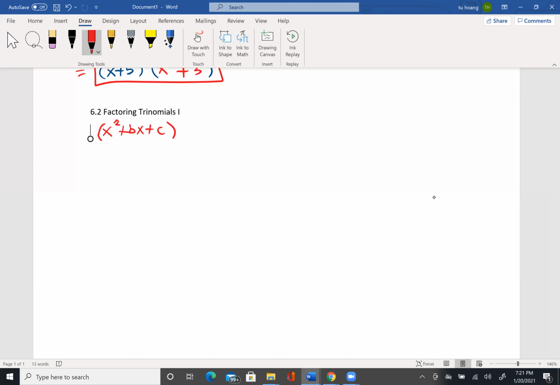So in this case, the leading coefficient, which we say a, is equal to 1. Where is that number 1?